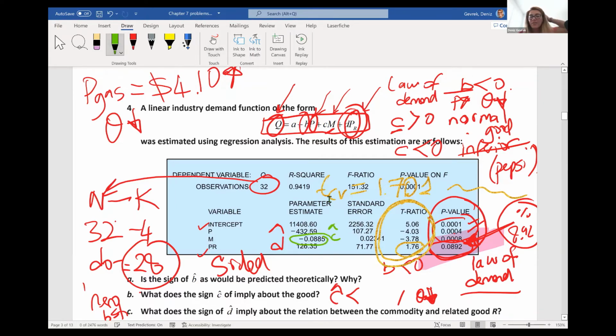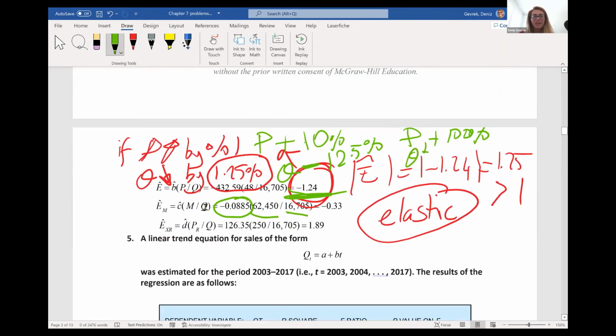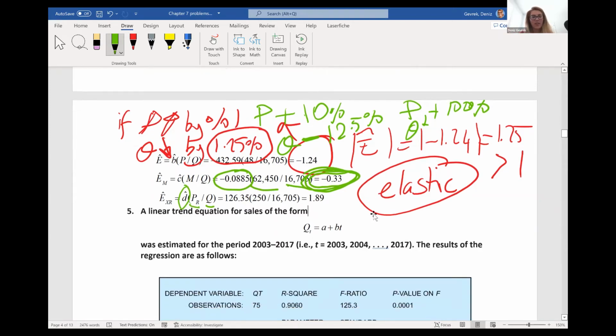And the same thing for the cross price elasticity of demand: D hat, the coefficient estimate of the price of the related good, times price of related good divided by quantity. You plug in, you also get your number. Positive cross price elasticity of demand means they are substitutes. Negative income elasticity of demand means that this is an inferior good. Okay, that's it.